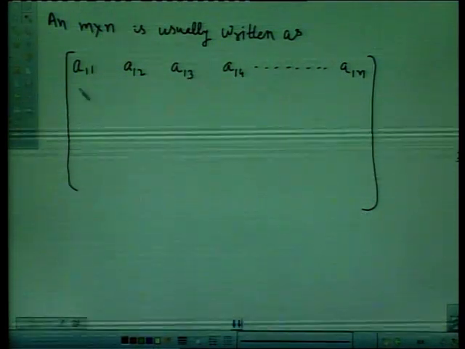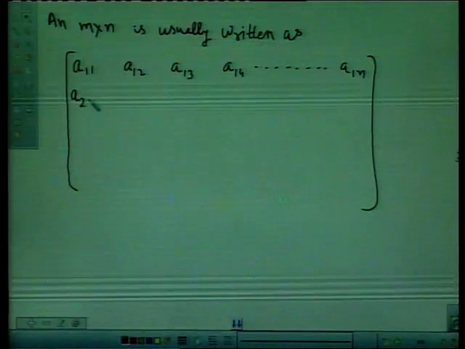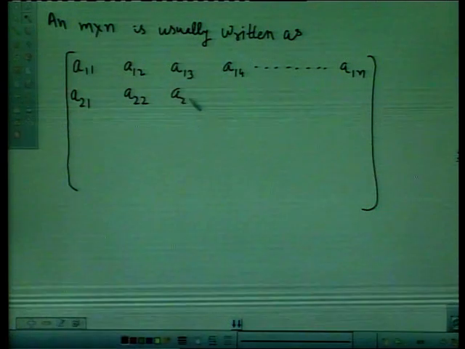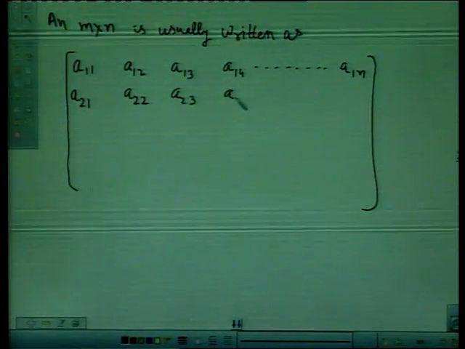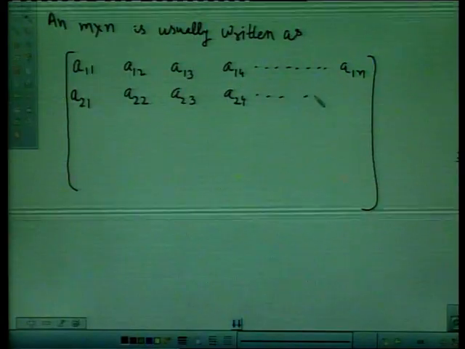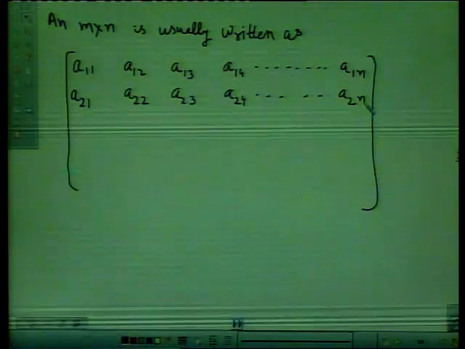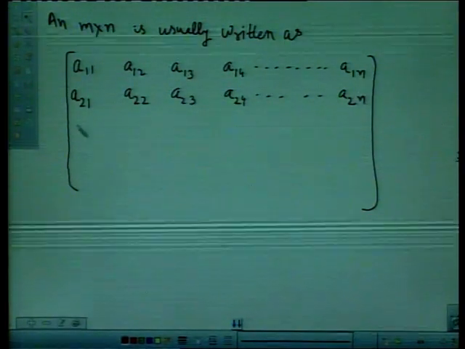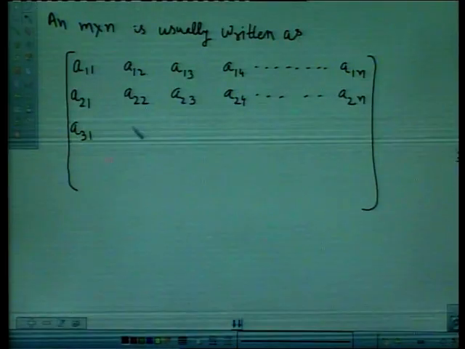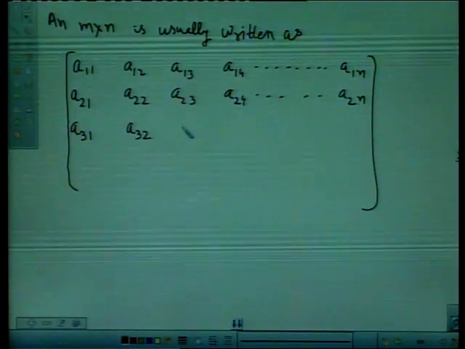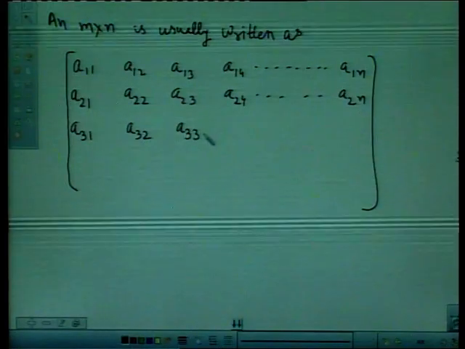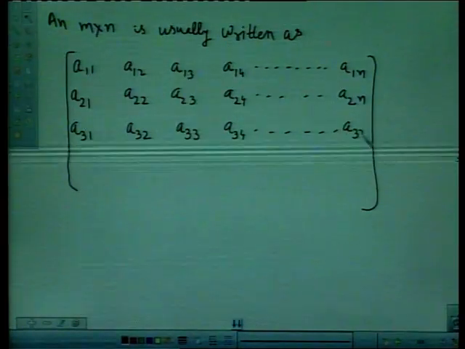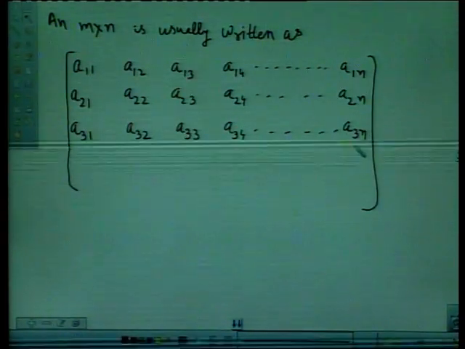And now this is the second row, we can write a21 a22 a23 a24 up to a2n. And the third row we can write a31 a32 a33 a34 and a3n. This is our nth column.